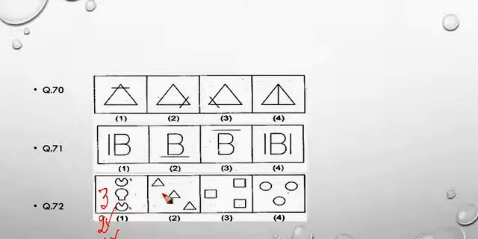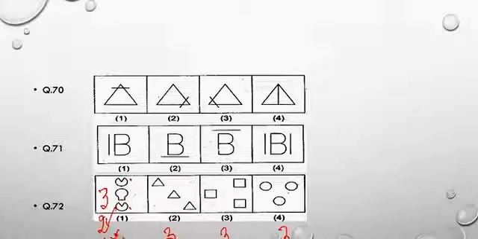In option 2, there are three triangles which are same. In case of option 3, there are three squares which are same. In case of option 4, there are three circles which are same.